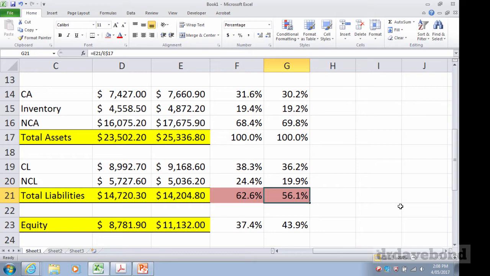But what it seems to be driven by, if you then look at the actual numbers, isn't the fact that they've borrowed a lot more. It's gone from 14.2 to 14.7. Yeah, it's gone up by $500 million, but what really is driving this is the fact that your actual equity number has gone down. So equity has gone from 11 to 8.7.